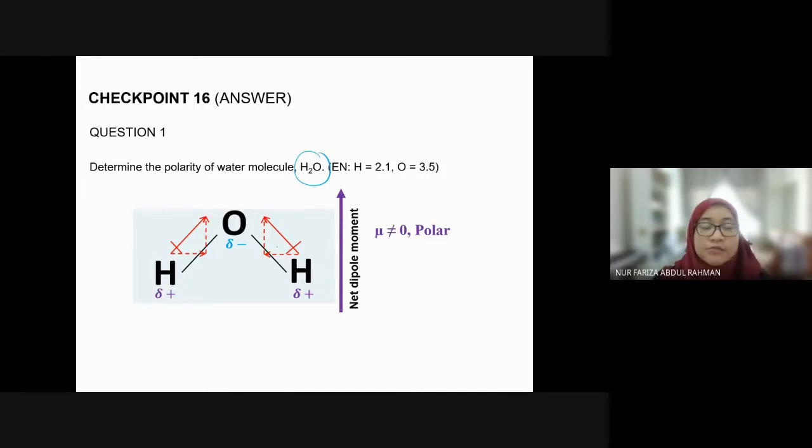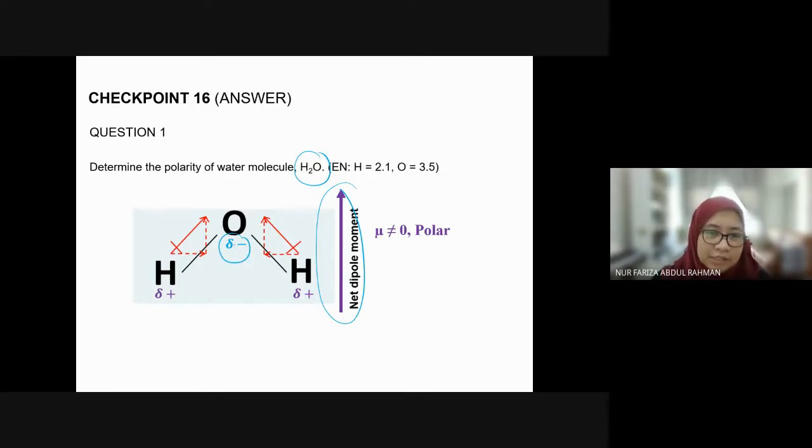Kita dah determine. So I hope by now you should know why H2O is a polar molecule. Kenapa dia polar? Why can a polar compound dissolve in polar? It can dissolve in water because water itself is a polar molecule. Polar means you have dipole and then you have this dipole moment. So it will attract, nanti kita akan belajar in intermolecular forces.